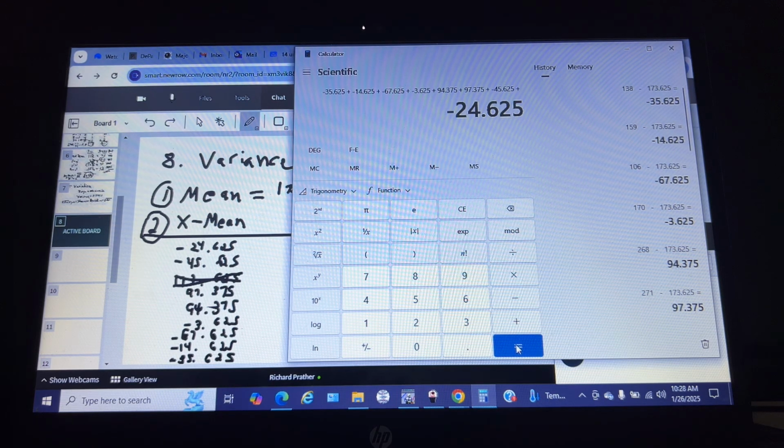Unless I have some calculation error, this is a good double check, because when I press equals, this better say 0.